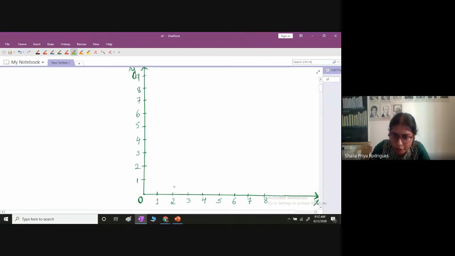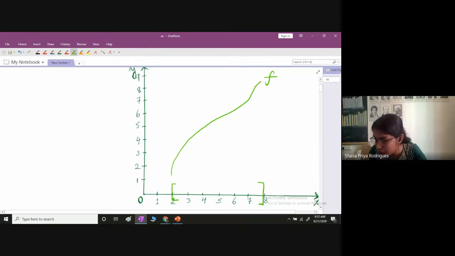And let's say I have a function f which is defined on this closed interval 2, 8, which means function values exist from 2 to 8. For all x belonging to the closed interval 2, 8, f of that x is defined. There are no holes here. So the graph is continuous.